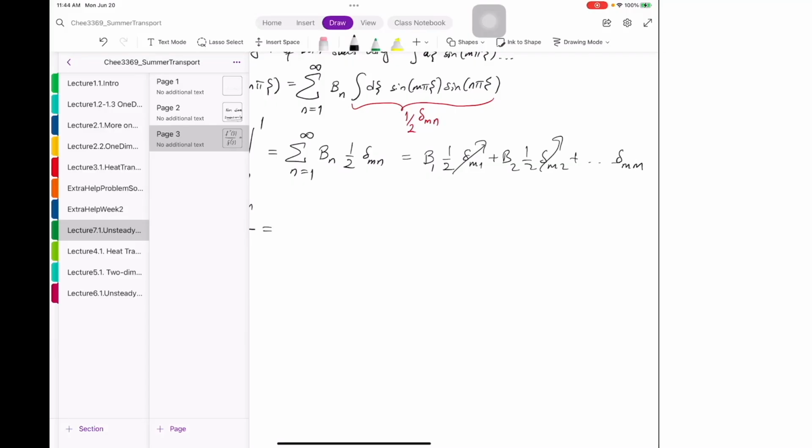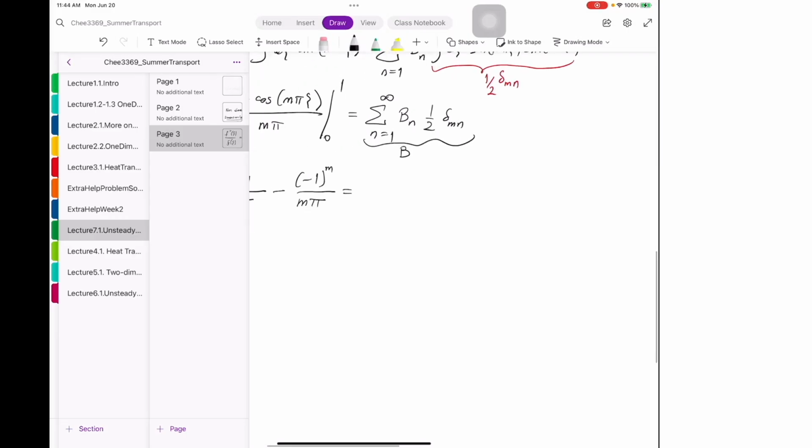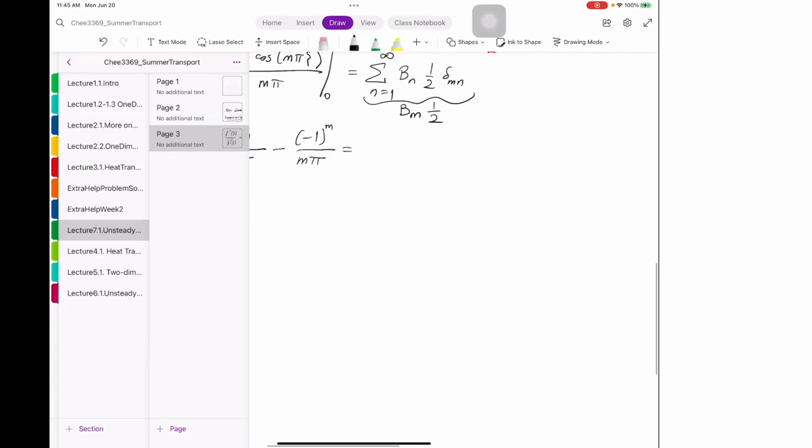When you get the delta mm, that doesn't vanish, but all the rest of the terms actually vanish. What does it mean? It means you get here the b_m term 1/2. That's it. That's what you get. And the rest of the terms are 0. So you have b_m 1/2.